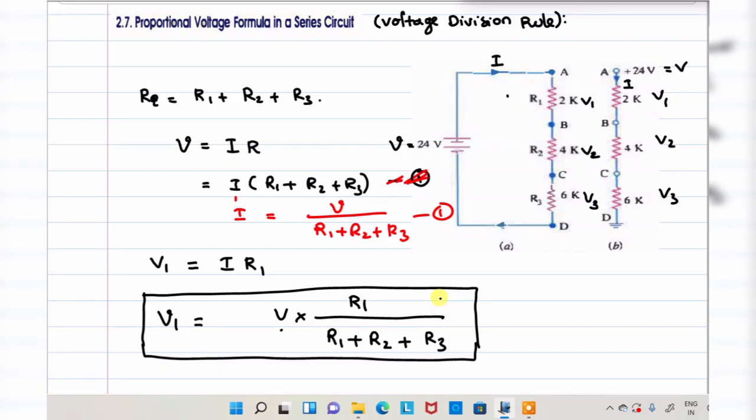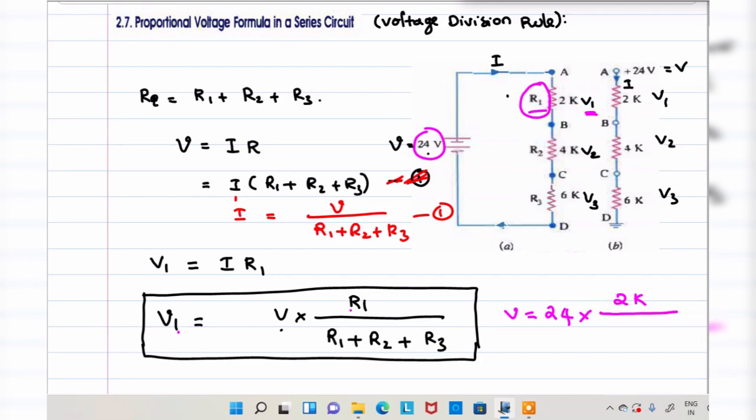So how to remember this formula from the examination point of view? The resistances are given, so this is the circuit we have. Total voltage is 24. You want to find the voltage drop across V1, so the same resistance you need to consider, R1, which is 2 kilo ohm.